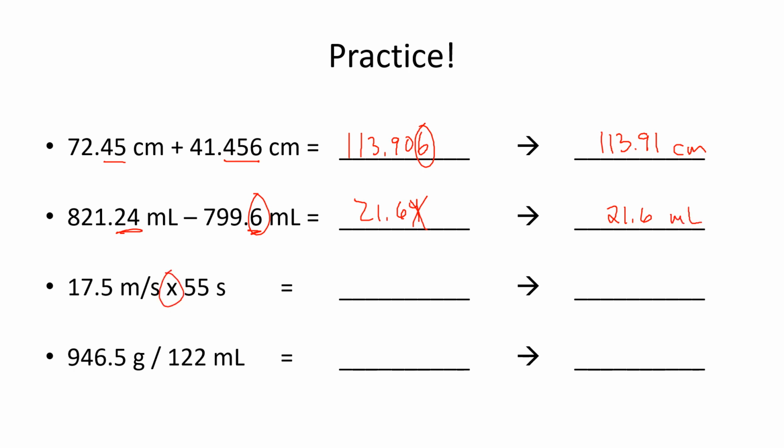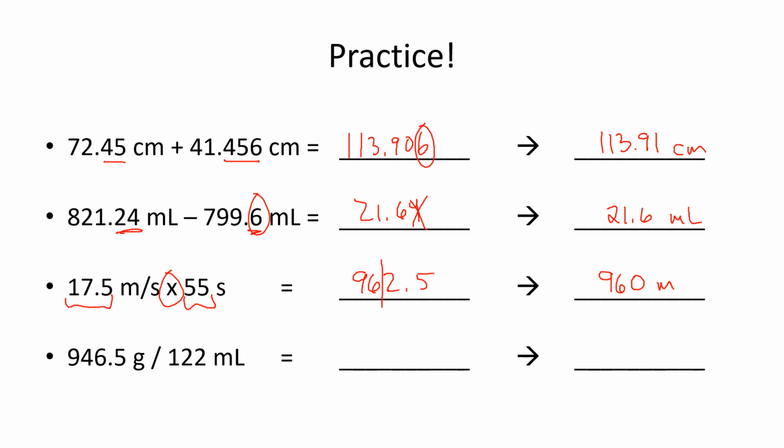We got a multiplication one here. 17.5 times 55 equals 962.5. And so that's 3 significant digits, and that's 2, so I can only keep 2. That would mean chopping off here. We can use placeholders, so it's 960, and that would be meters.